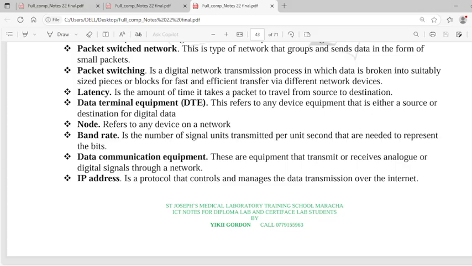Next we have data terminal equipment, abbreviated as DTE. This refers to any device or equipment that is either a source or a destination for digital data.